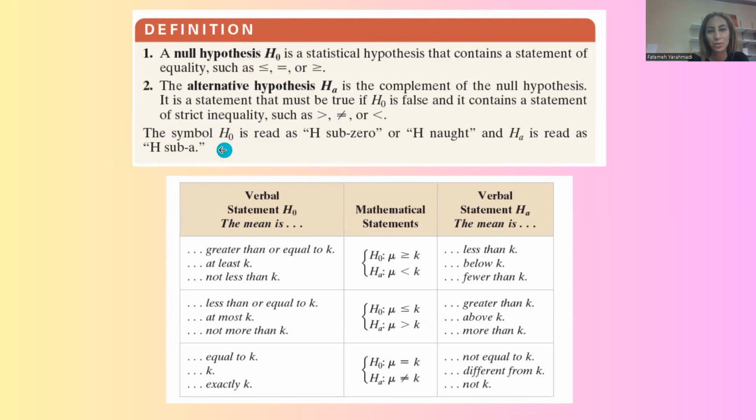The symbol H sub 0 is read as H sub 0, and H naught is another way to represent the null hypothesis. For the alternative hypothesis, you have H sub A.